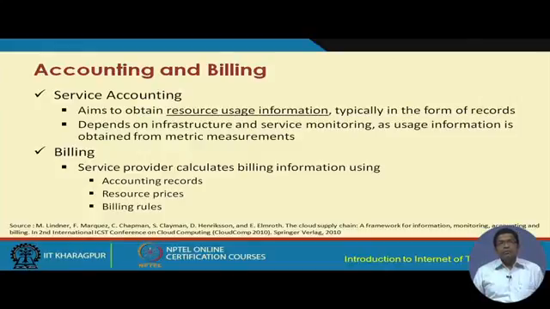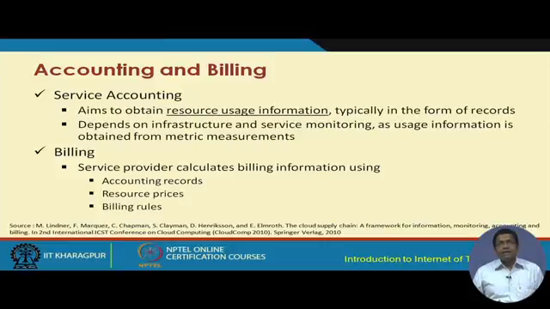Accounting and billing, which go hand in hand, are very important. Based on the use of the resources and the information about such use, it is required to bill the customers.